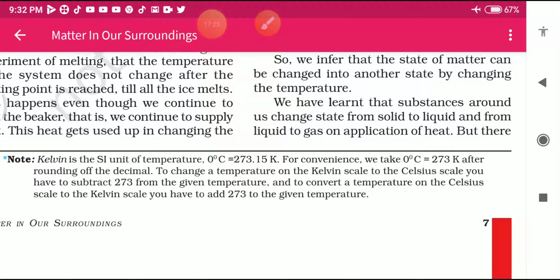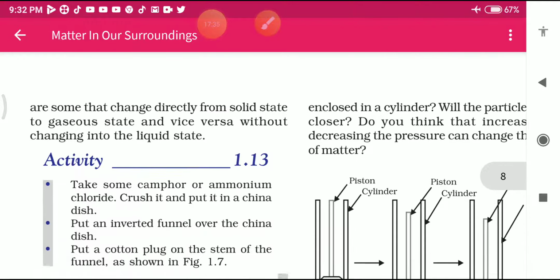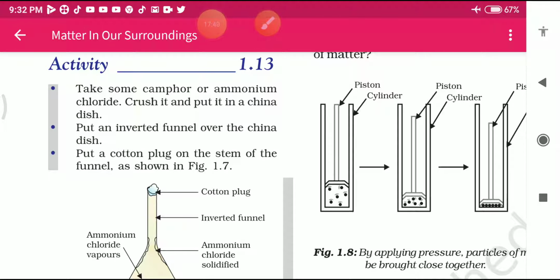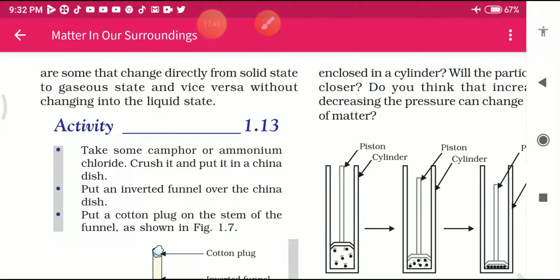Then you can easily convert the Celsius scale into the Kelvin scale and the Kelvin scale into the Celsius scale. Students, this is about latent heat of fusion, latent heat of vaporization, and how we can convert the states of matter. We can convert the state of matter by applying temperature and pressure.